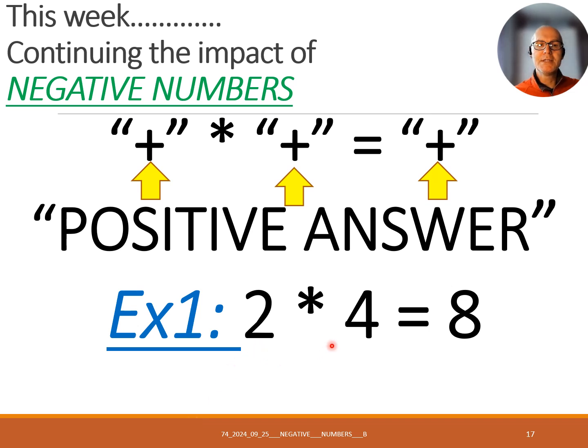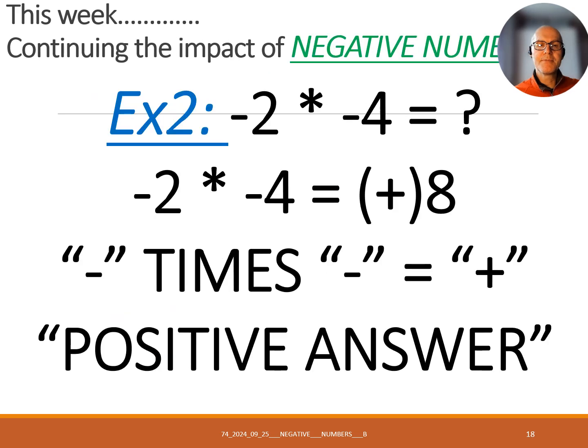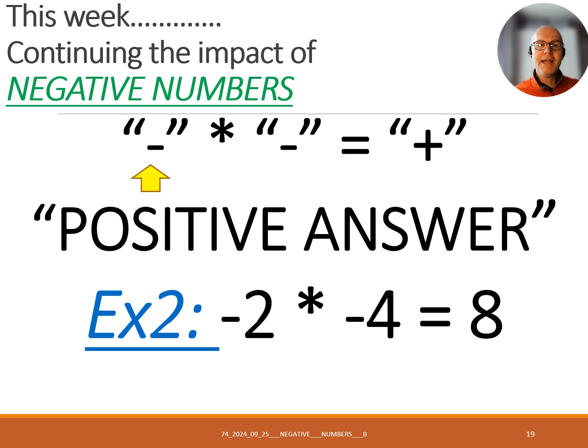In this case, 2 times 4 equals 8. This example, negative 2 times negative 4. So here we have a negative number times a negative number. A negative number times a negative number equals a positive answer. Any negative number times any negative number equals a positive answer. In this example, negative 2 times negative 4 equals 8, positive 8, or just 8.